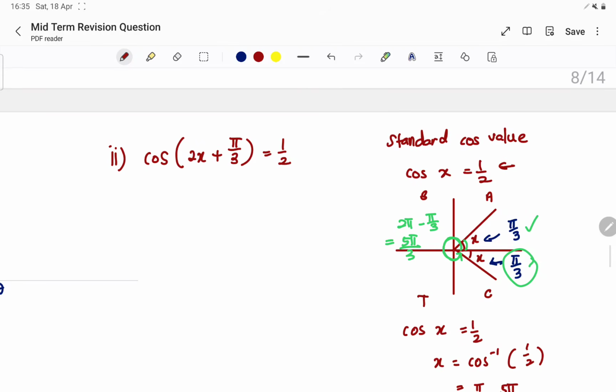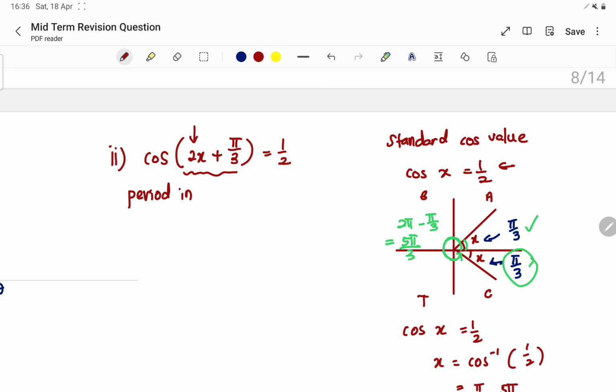So in order for us to find the value of x, right now our angle for cos is 2x plus pi over 3, and if you see here we have 2x. From 2x you will get the number of cycles, correct? From the number of cycles you can find the period.